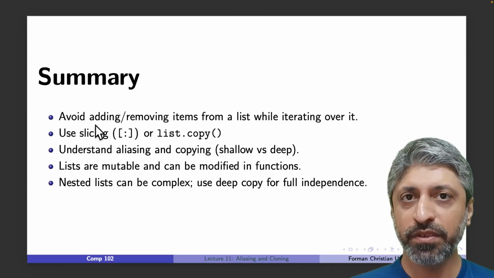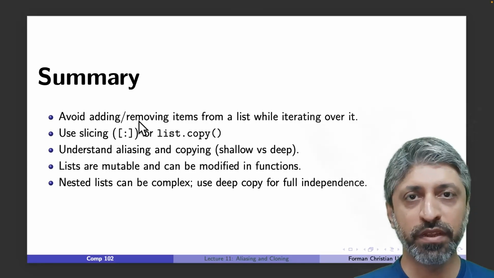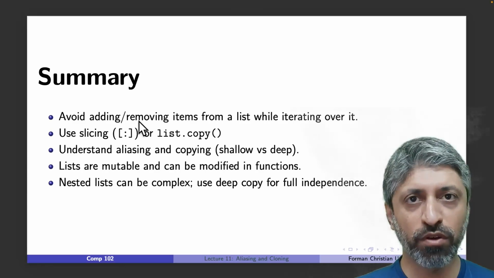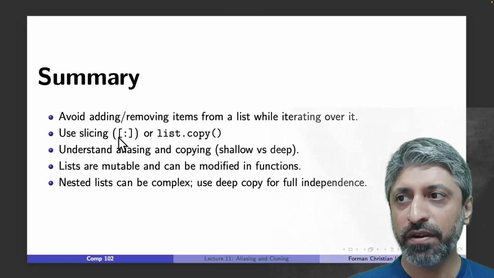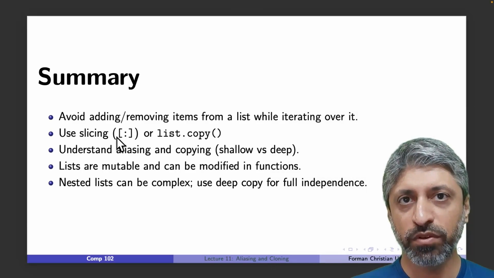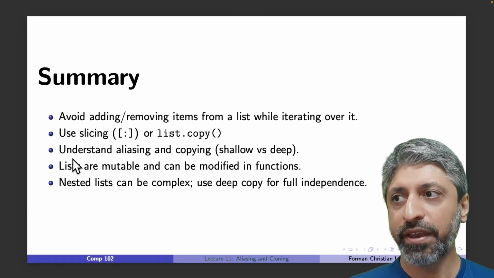If you ask for a summary in easy words, it is: be very careful when you're iterating over a list that you are adding items to or removing items from. If you have to iterate over such a list, always make a copy first, and iterate over that copy.